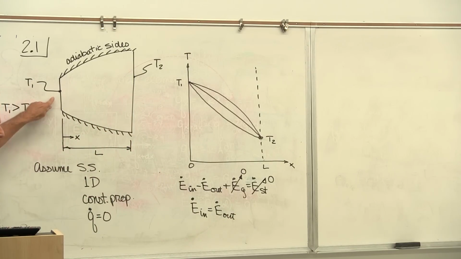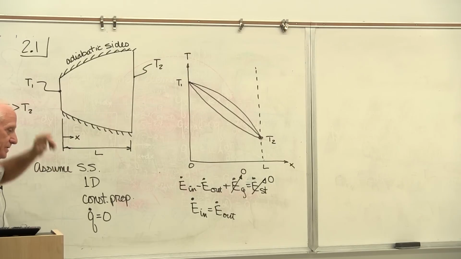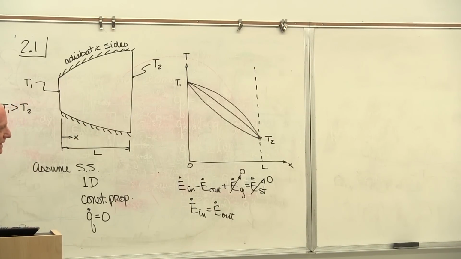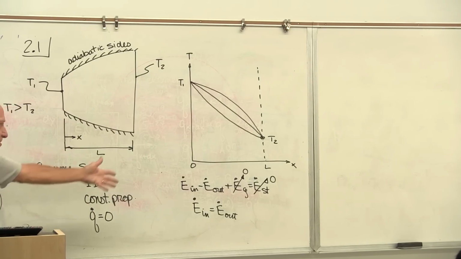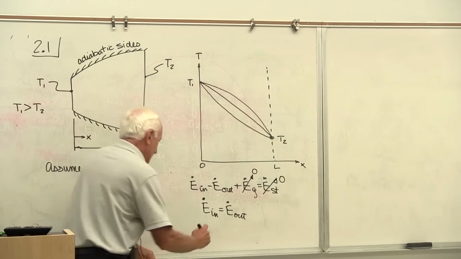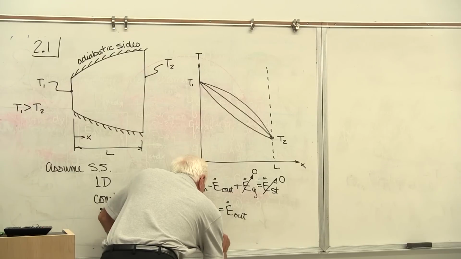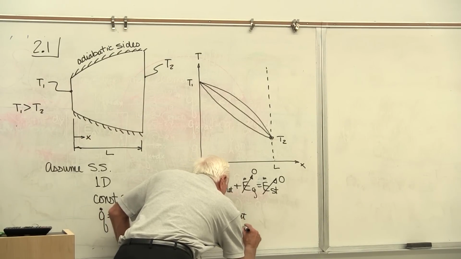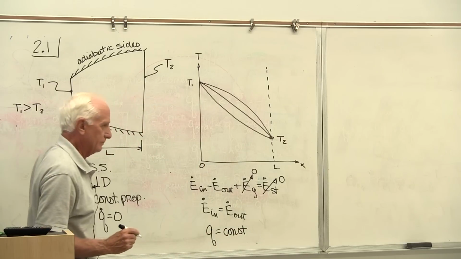If I have 50 watts coming in the hot side, 50 watts has to go out the cold side. Where else can it go? The side walls are adiabatic, perfectly insulated. There's no generation. It's steady state. That's what the energy balance tells me. So right away I know that Q in watts equals a constant.